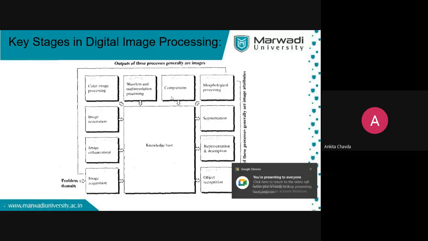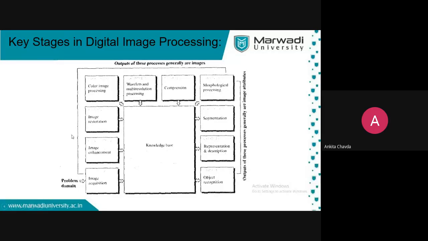Right? Till this morphological processing, whatever you are giving as input is an image, and whatever you are getting as output is also an image. So they have written that the output of these processes are generally images from this to this. But after segmentation, representation, description and object recognition, it will give you the attribute, not the whole image.